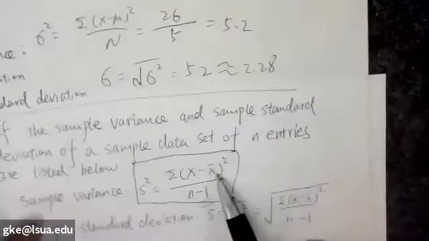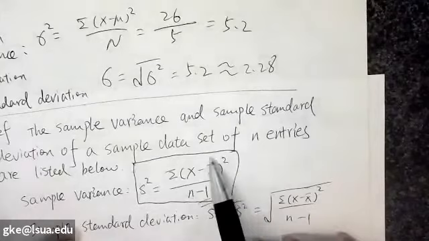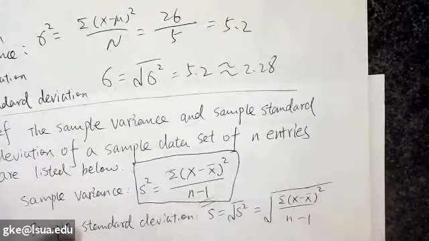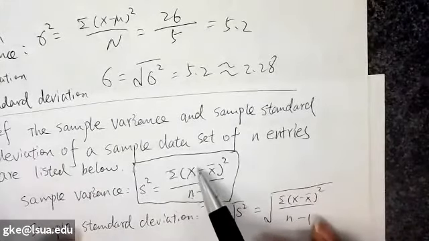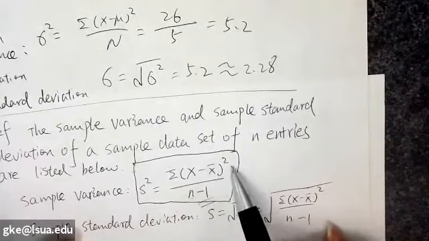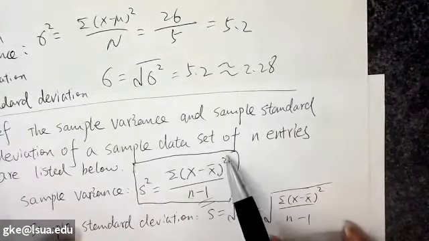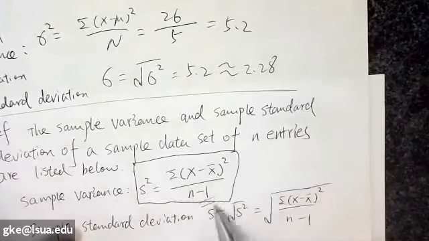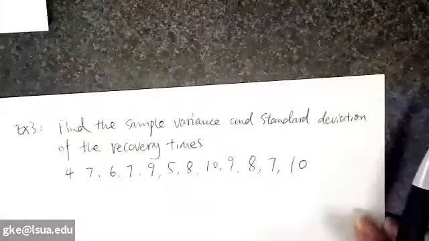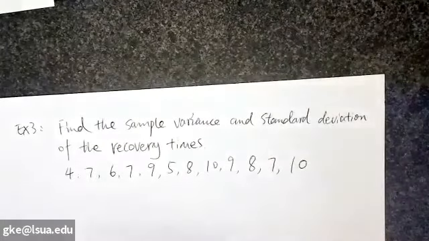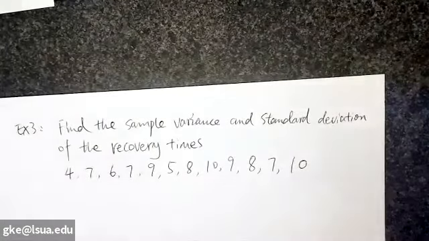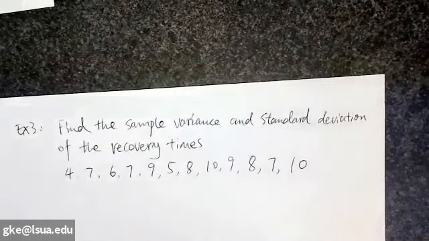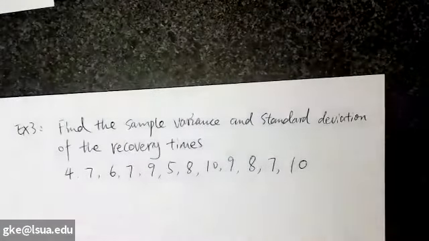Calculate the x bar, and then list the table, calculate the deviation x minus x bar. And in the second column, you're going to calculate the square, right? Then do the summation divided by n minus 1. Very similar to the previous example. The only difference is about the notation and n minus 1.